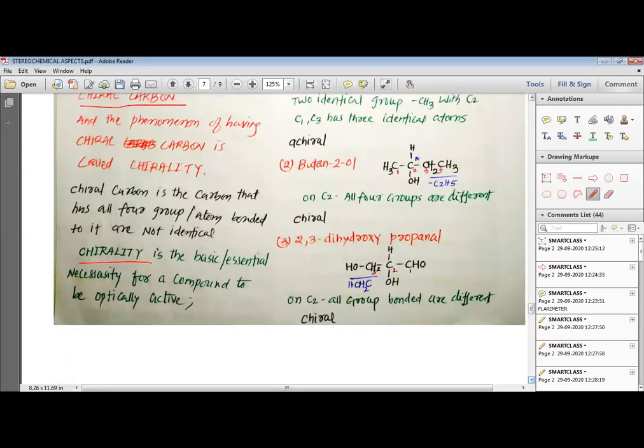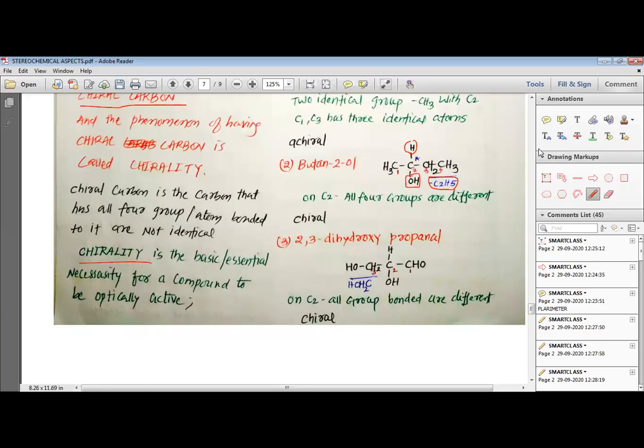But when you look at butane-2-ol, my dear students, you can see we have 1, 2, 3, 4 carbons. Carbons 1, 3, 4 have hydrogens and they are identical. But when you look at the C2 carbon, you realize that on C2, on the left side we have CH3, on the right side we have the ethyl group C2H5, on the upper side we have hydrogen, and on the lower side we have the hydroxy group OH.